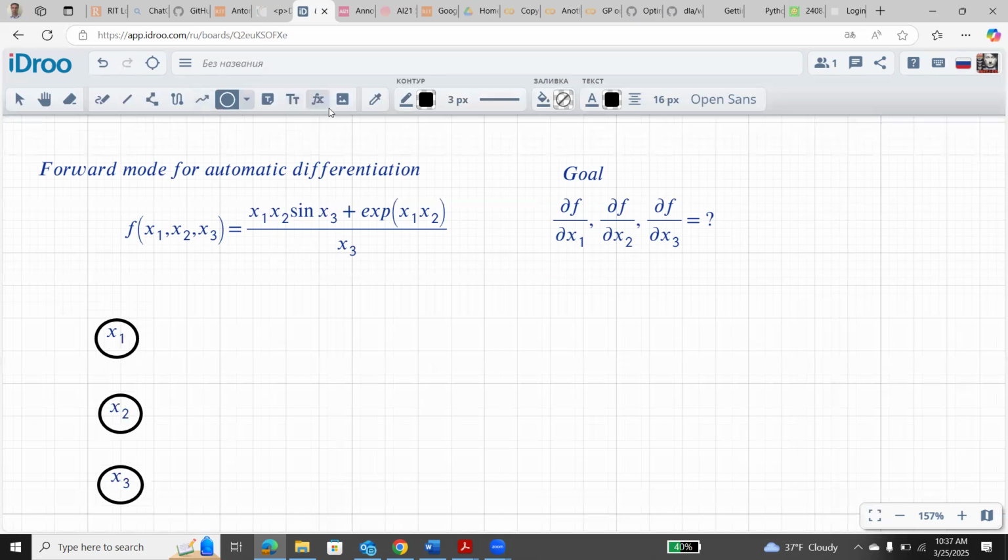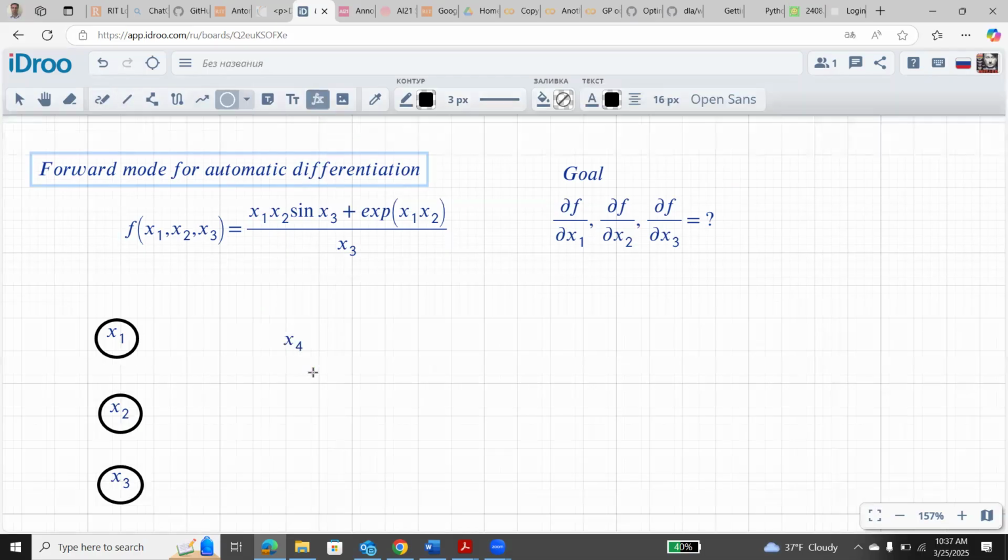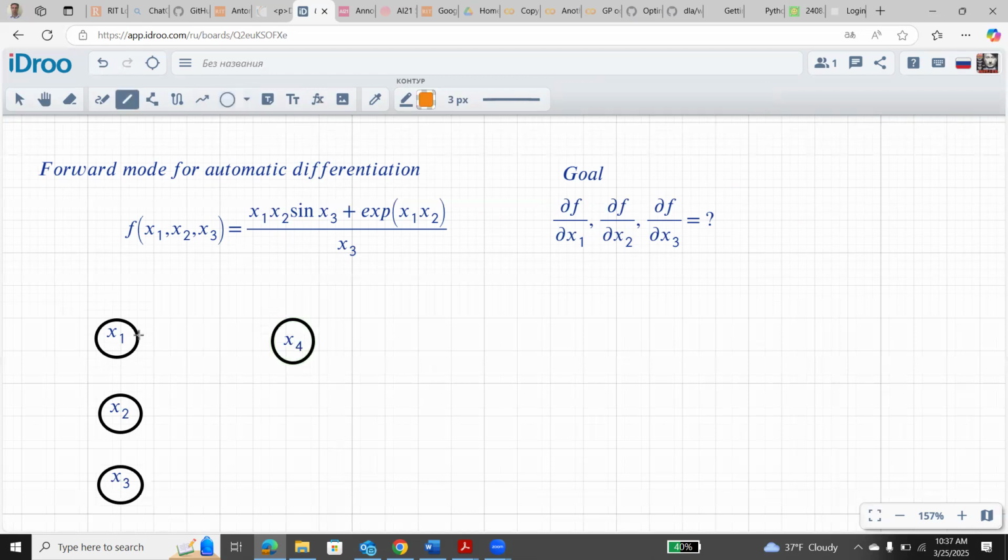I will denote this variable by x4, and x4 will be the multiplication of x1 and x2. Let's denote this node by multiplication.